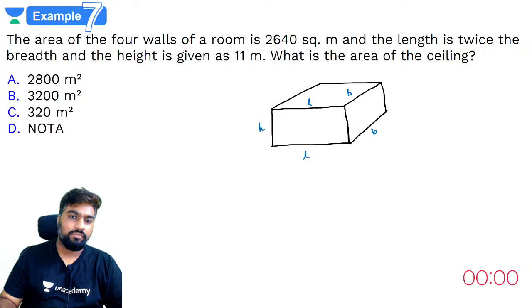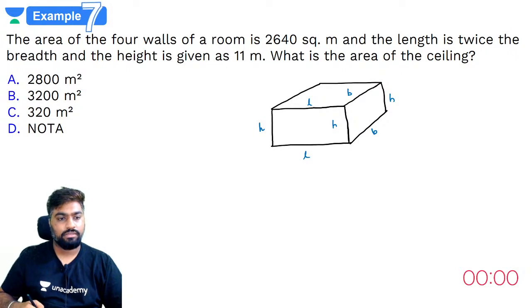Length, breadth, ये हाइट है, ये भी हाइट है, पीछे के साइड में जो होगा वो भी हाइट होगा. So what they want from us is area of the ceiling, that is this two-dimensional wall है ये. This is what they're looking for. ठीक है, अब करो ट्राई जल्दी.